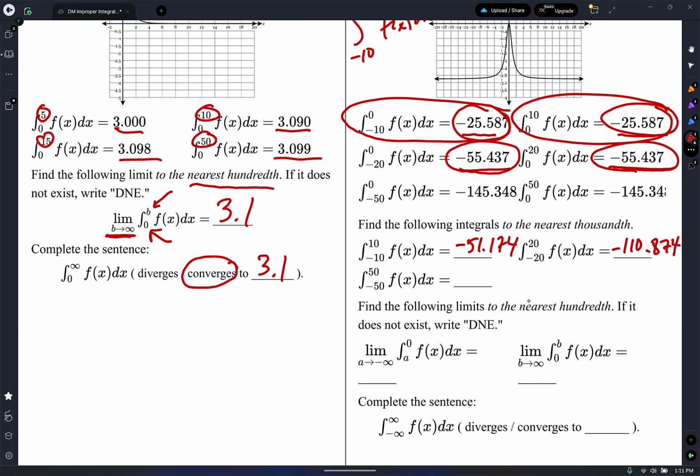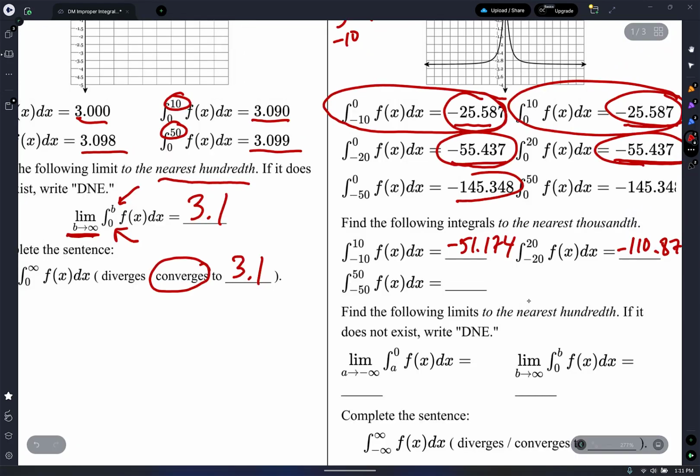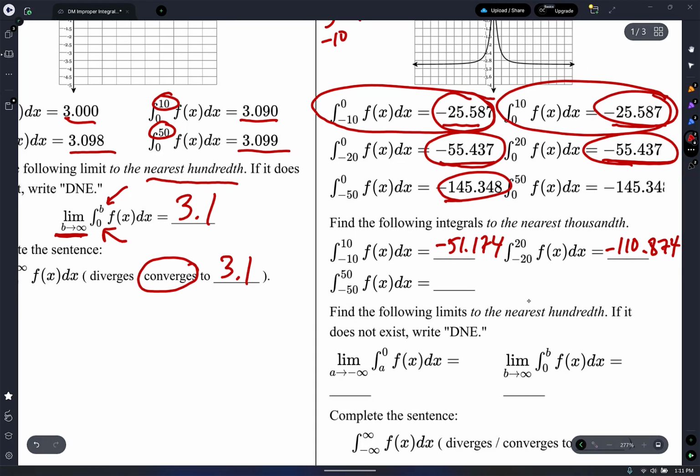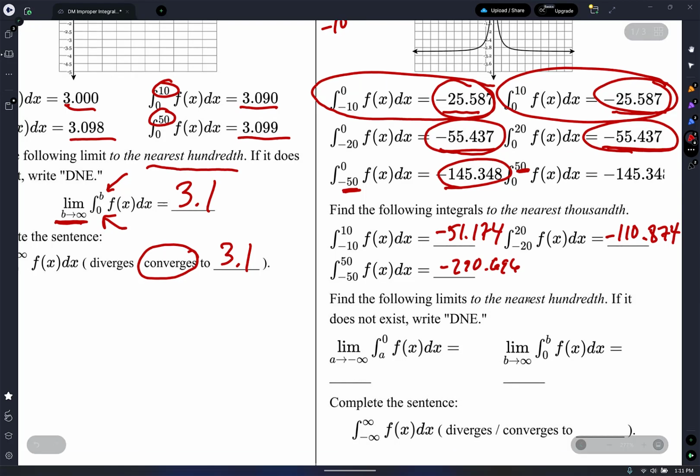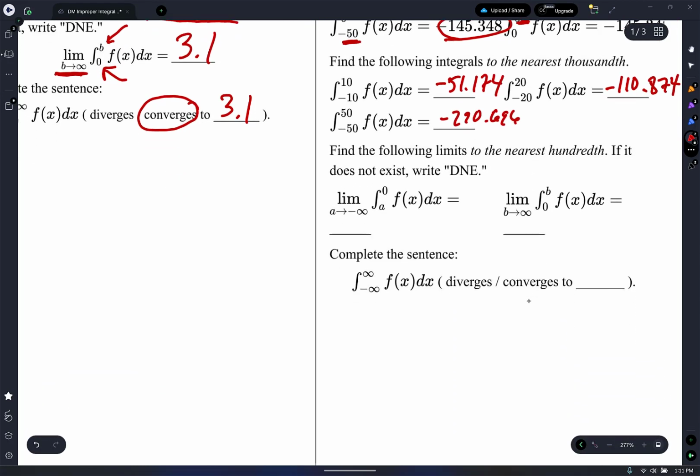All right, negative 50 to 50. Hey, Ramirez, all they did was they just combined them, right? Negative 50 is the lower limit, 50 is the upper limit. So, yeah. Right.